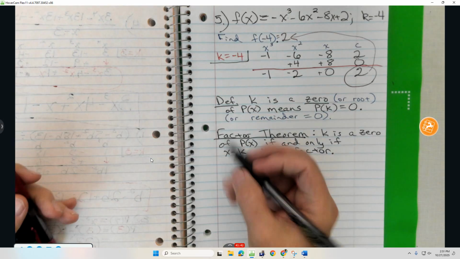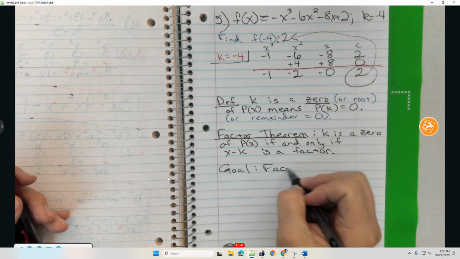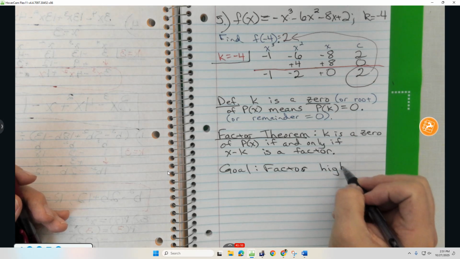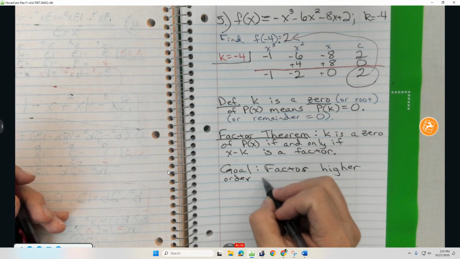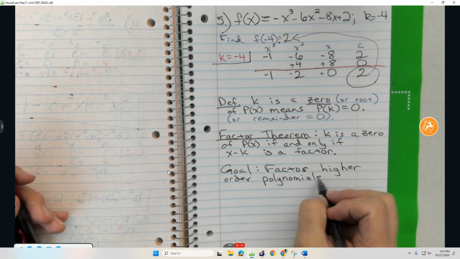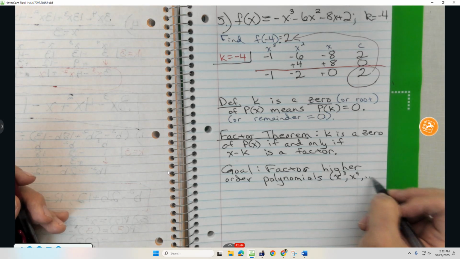Our goal is to factor higher order polynomials, stuff with an x cubed in it, rather than just an x squared. An x cubed or an x to the 4th, what have you.